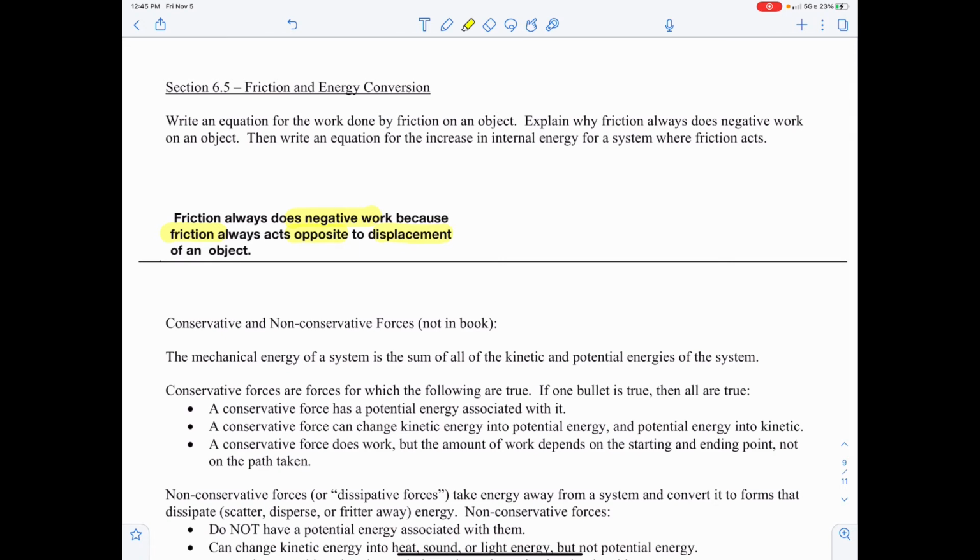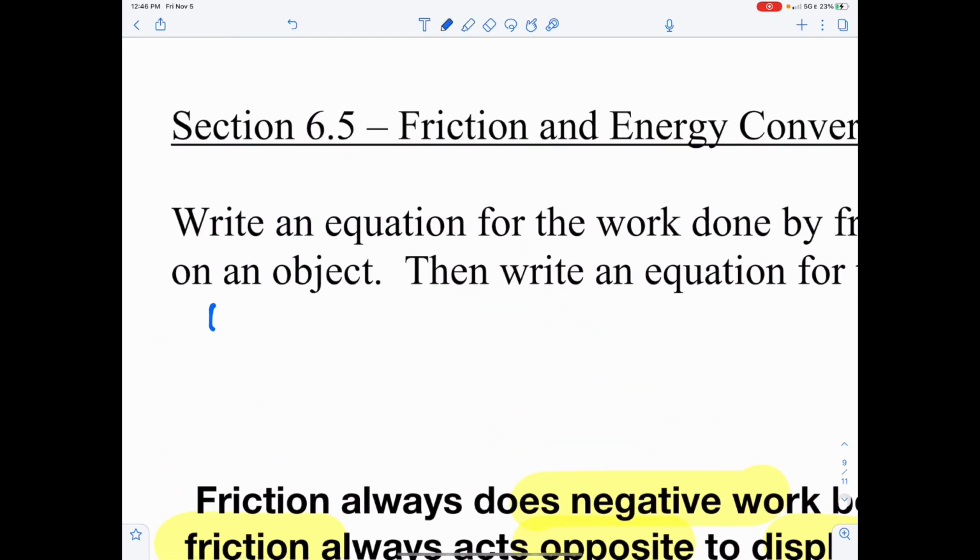Another way you could think about this is that friction, especially sliding friction, always results in an object slowing down. And if an object is slowing down, it's reducing kinetic energy. So if the kinetic energy is decreasing, mechanical energy is decreasing, and that's because negative work is done by friction. The equation would look like this. Work is equal to force times distance times the cosine of theta.